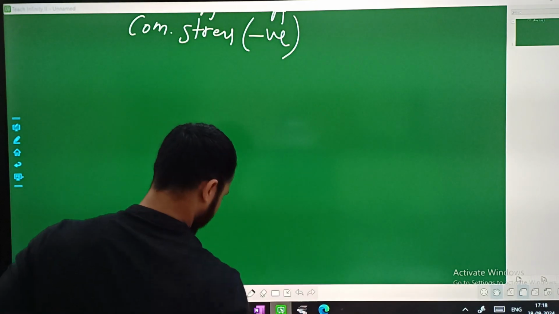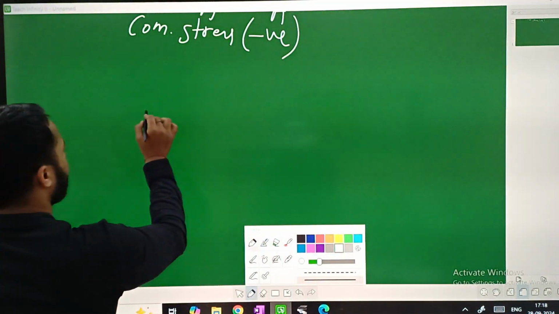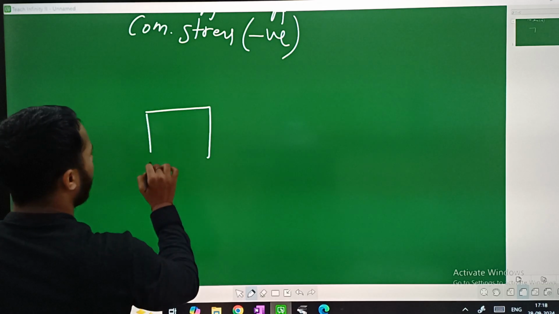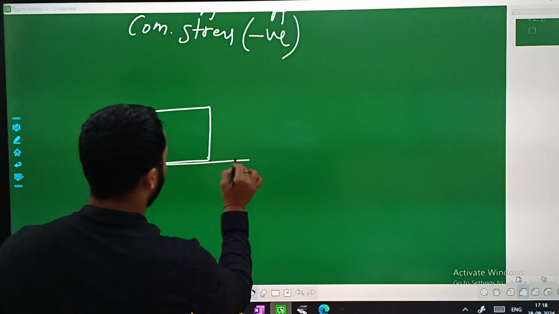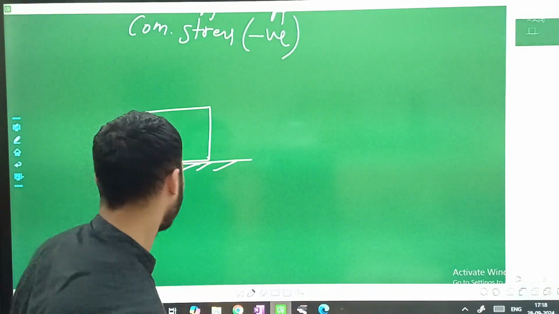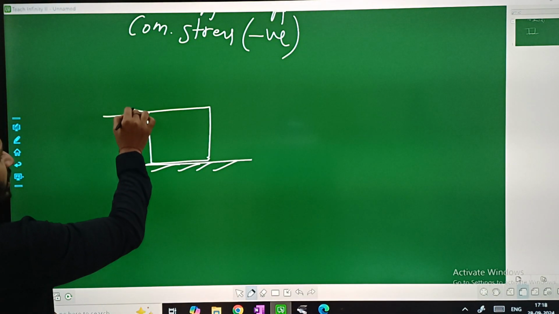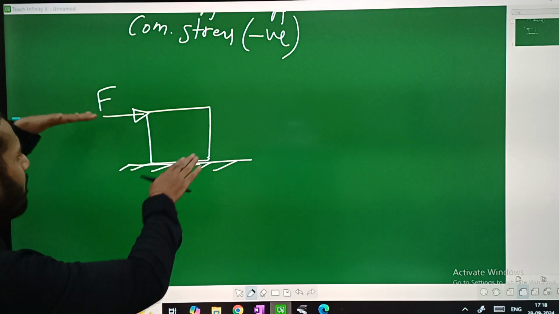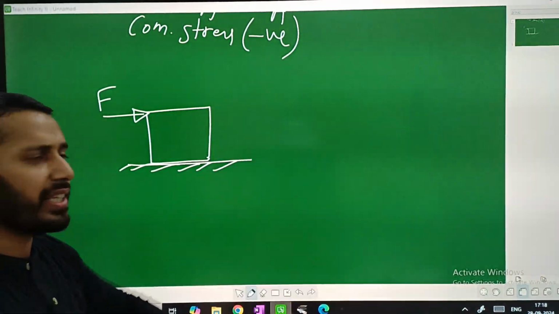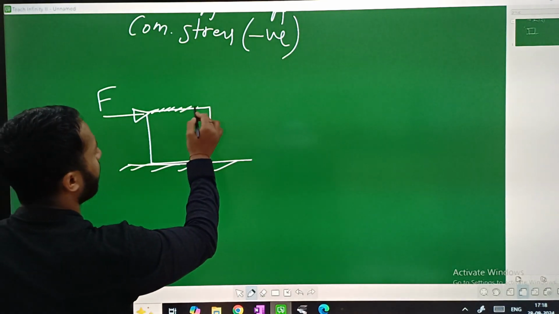One more thing, my dear. Suppose I take one block and the lower end of this block is fixed. And I am applying an external force parallel to the area. Which area, sir? This area.